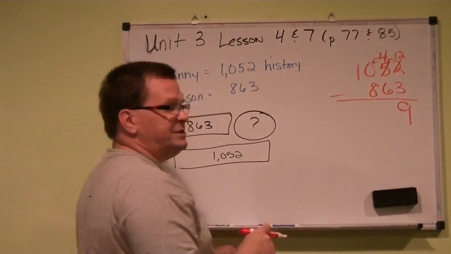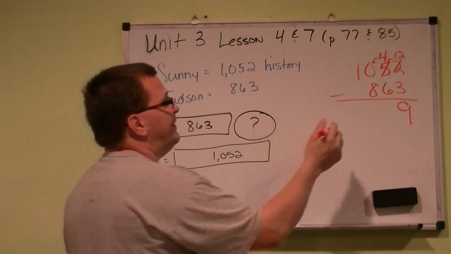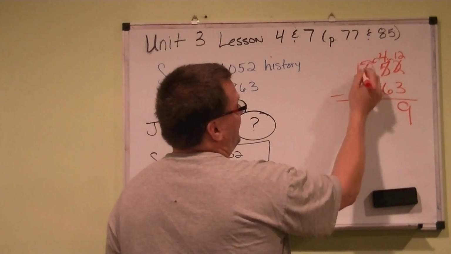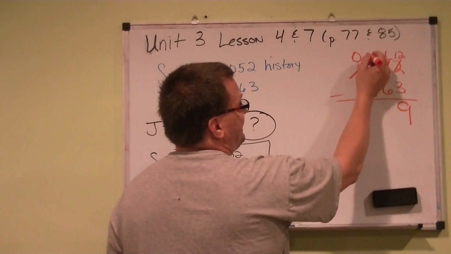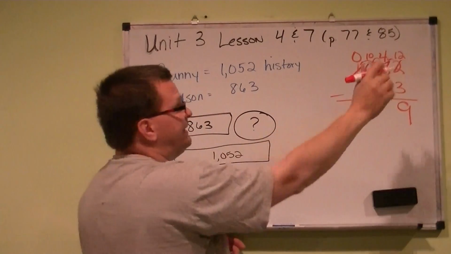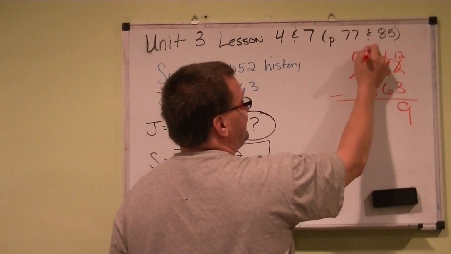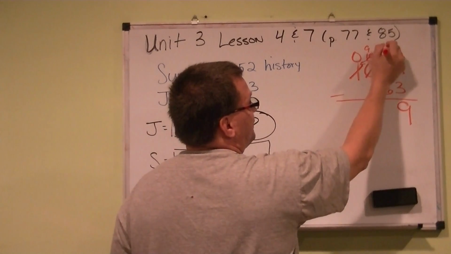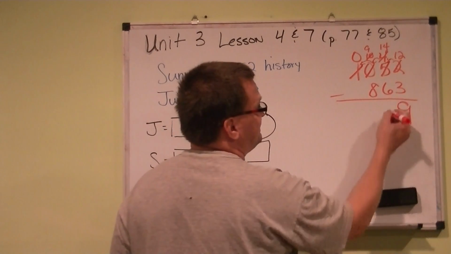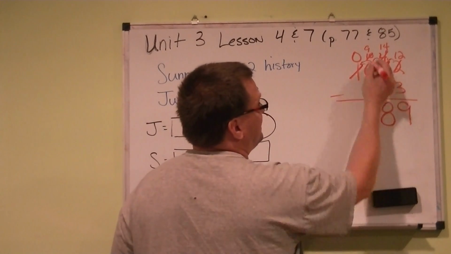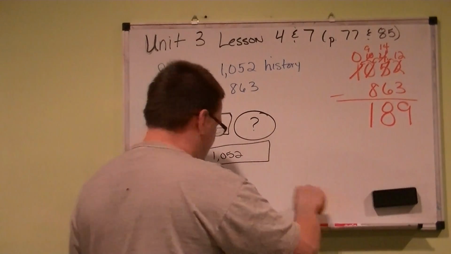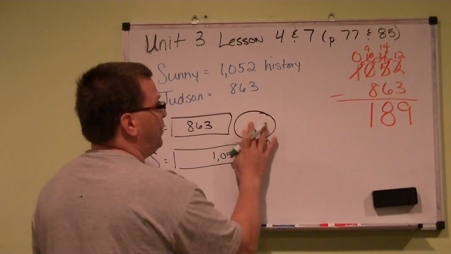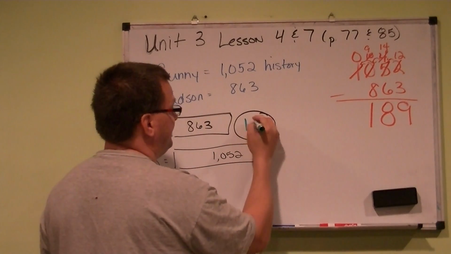The hundreds has nothing to give us, so we have to go to the 1,000s spot. It does have 1, so we cross that out, put a 0 there, make the hundreds a 10, but again we're going to give it to the 10s. So cross that out and put a 9, and add 10 there, 14. 14 minus 6 will be 8. 9 minus 8 is 1. So that missing spot now we know is 189.